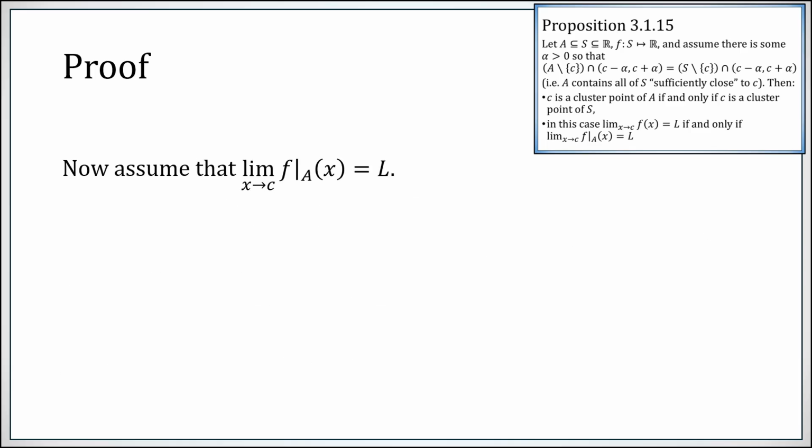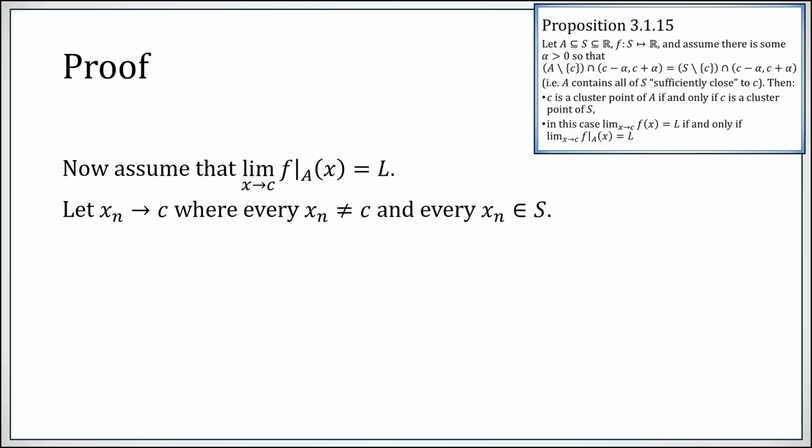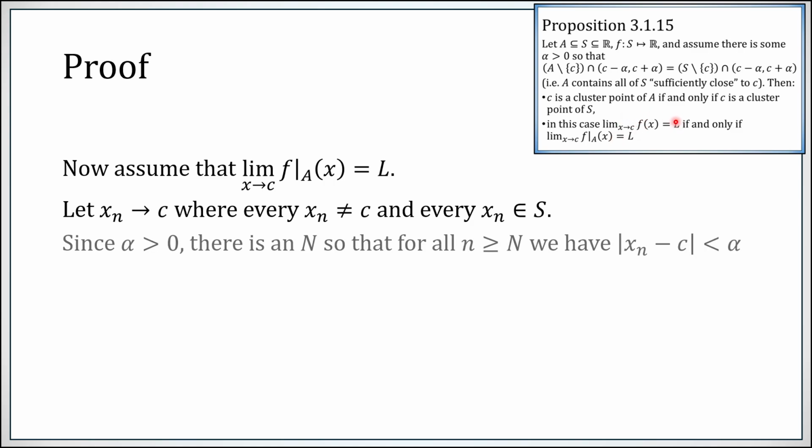The other way, suppose that the restricted function is converging to L. Take a sequence converging to C, where every xn is not equal to C but is in S. We want to show that this function is also converging to L, the unrestricted function.